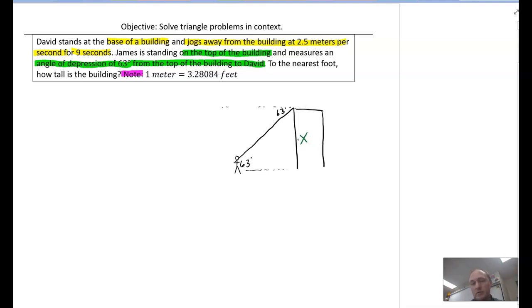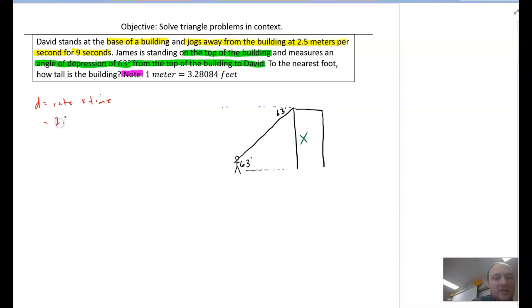Well, I have an angle, and I also have information about David. David is jogging, and his rate is 2.5 meters per second. If I want to find distance, distance is equal to rate times time.